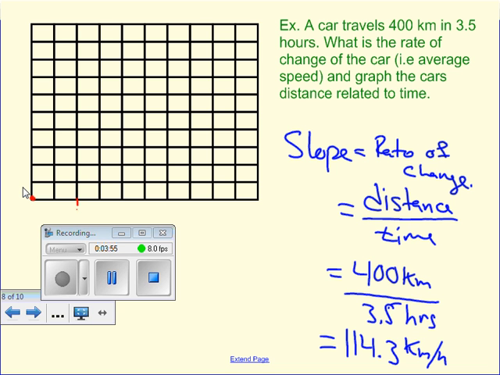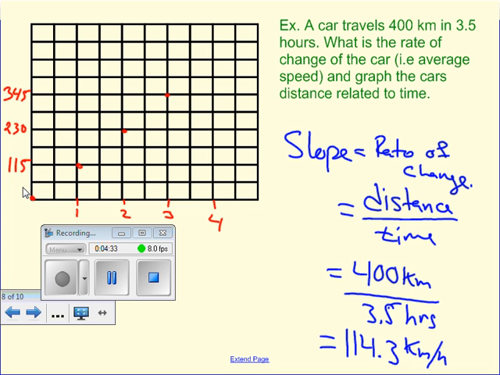So I have 1 hour, 2 hours, 3 hours, 4 hours. So after 1 hour, I know that I would travel, and I'm going to say this is 115, just to make it easy, kilometers. And I have another one here, 230, and that's how far I traveled in 2 hours. Then multiplied again by 3, I now have 345. That's roughly how far I've traveled in 3 hours, and so on.